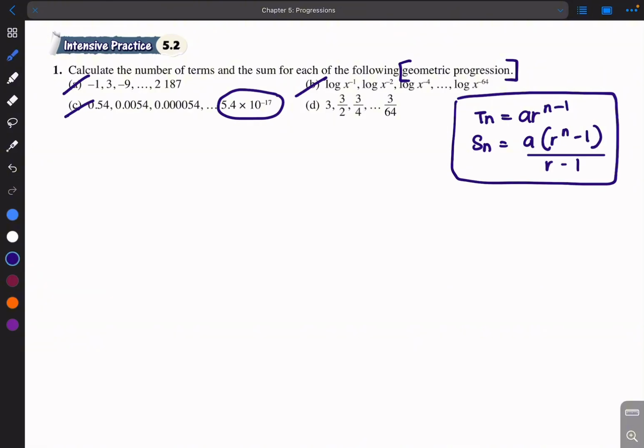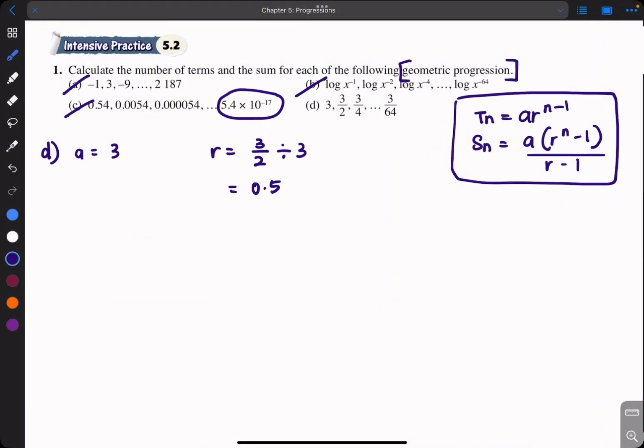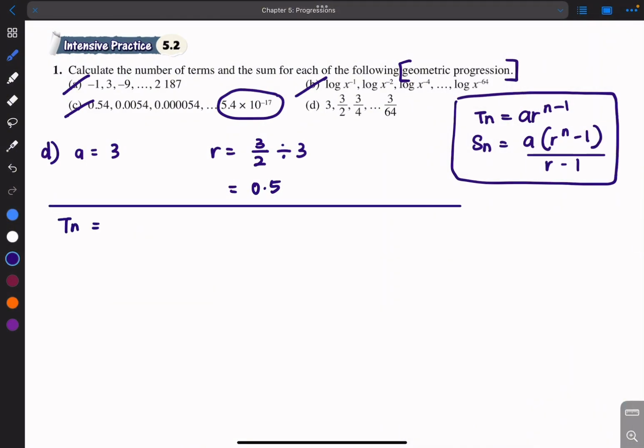Okay, let's try D. So same thing. A is 3. R is T2 over T1. So 3 over 2 divided by 3, we get 0.5. All right, let's find Tn. So Tn is given as 3 over 64.